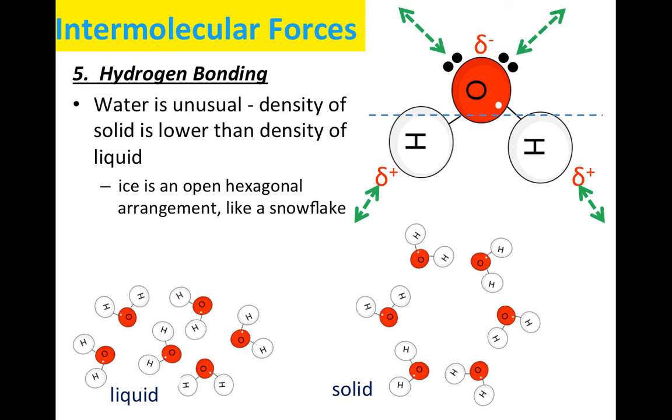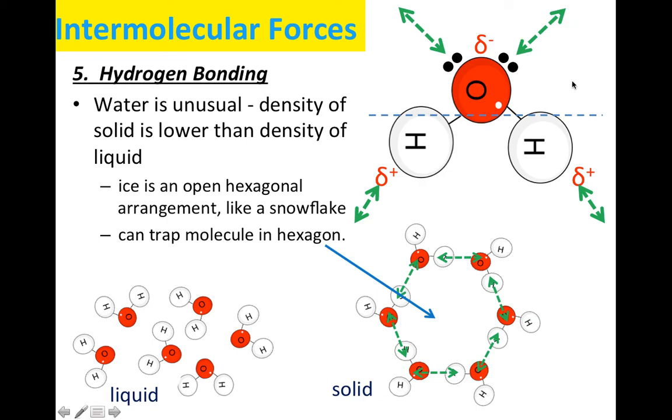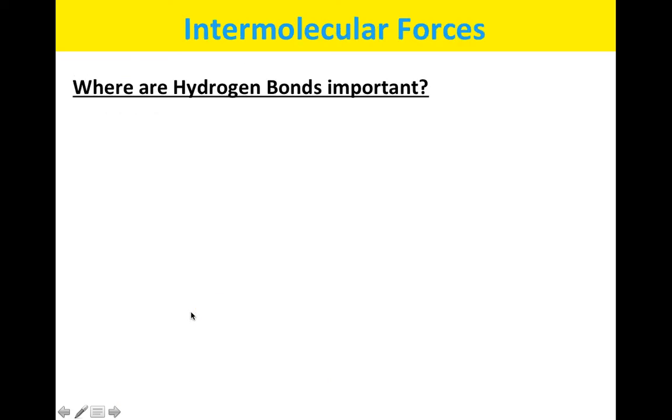That's why snowflakes have all those beautiful shapes, because the water molecules orient themselves in this hexagonal pattern. Okay, so you can trap molecules in a hexagon, so it takes up more space than in liquid form, and that's why ice floats.